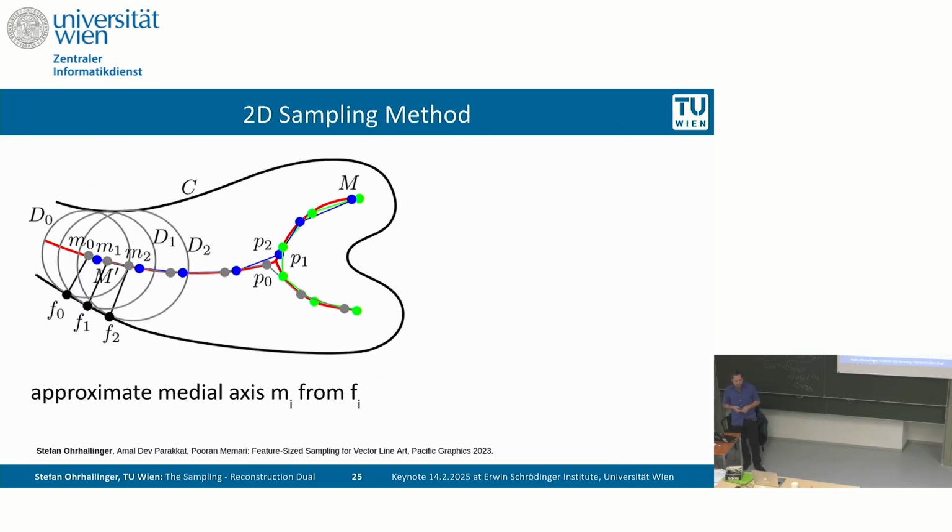So how does the sampling work? As I said before, there's a curve, there's the medial axis. But the medial axis is impossible to reconstruct exactly, except for very simple shapes like a circle or ellipse. So what we do is we take many points along the curve, then we grow a tangent disk until it hits the curve at some point, because then we have at least two points, and then we know the center is on the medial axis.